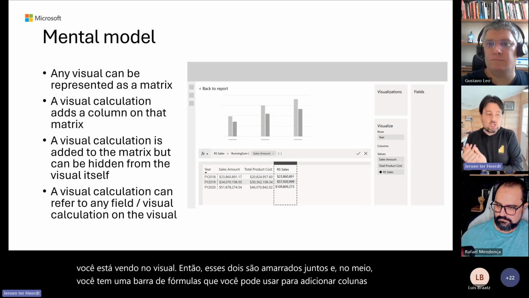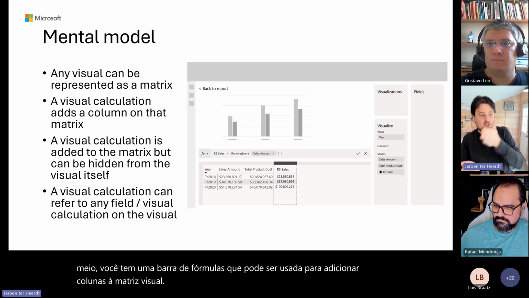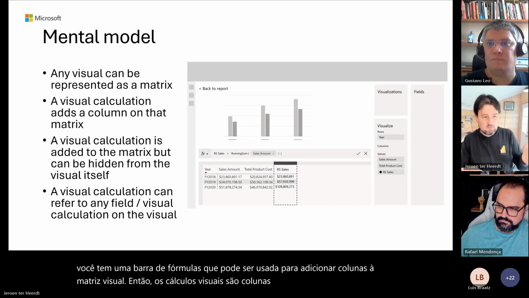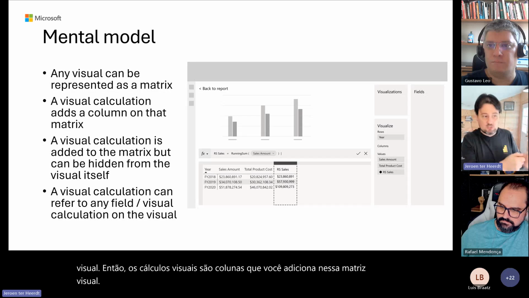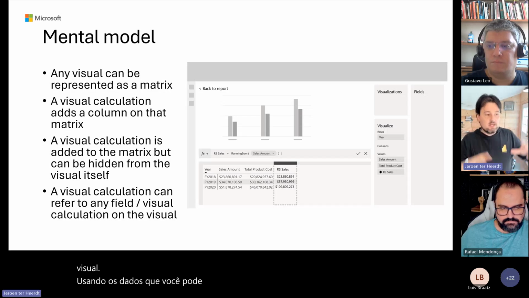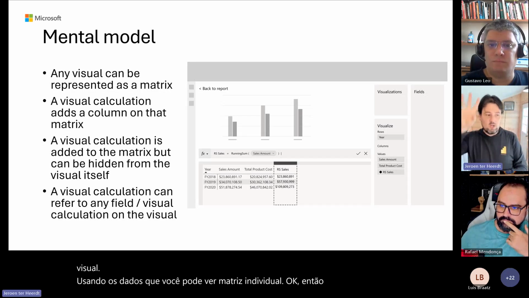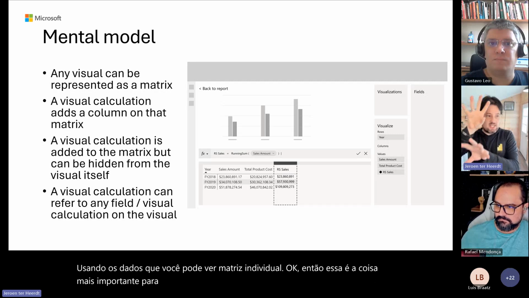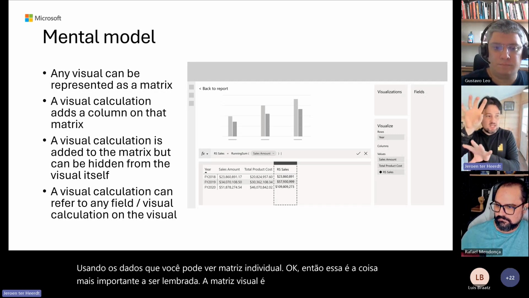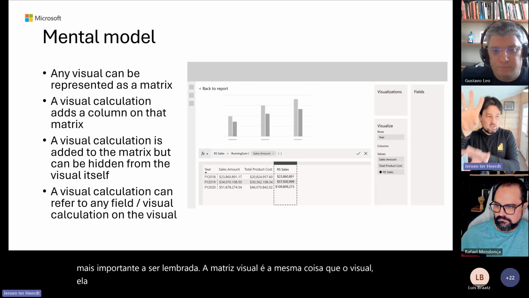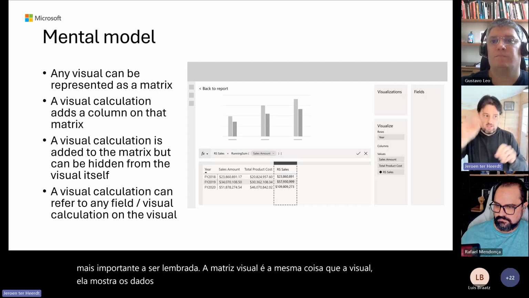So visual calculations are columns that you add on that visual matrix, using the data that you can see in the visual matrix. Okay? So that's the most important thing to remember. The visual matrix is the same thing as the visual. It shows the data that is in the visual, and it then shows the visual calcs on that visual.